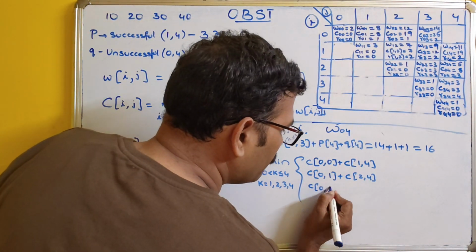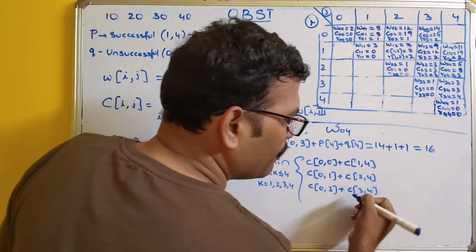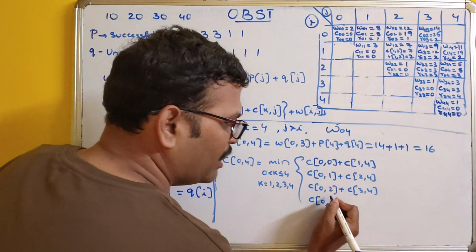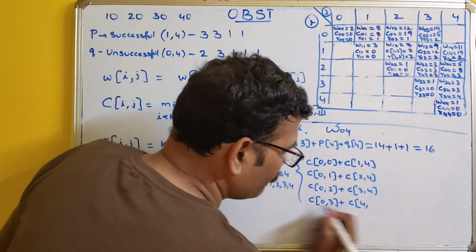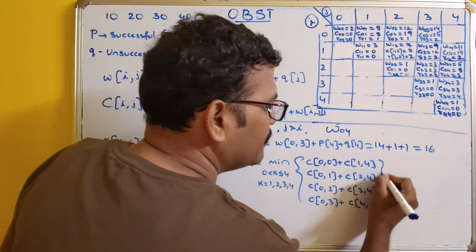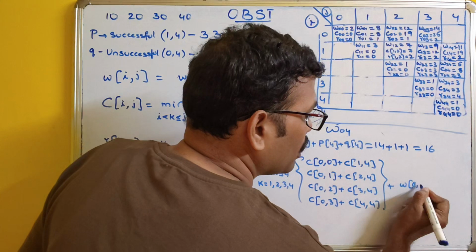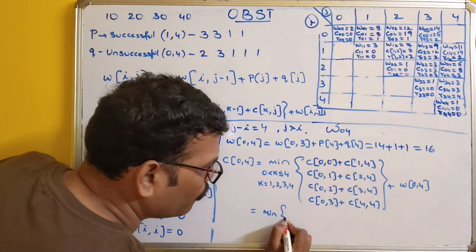So C of 0, 3 minus 1, 2, plus C of 3, 4. And the fourth case, k value will be 4, C of 0, k minus 1, 3, plus C of k, j, 4, J value is 4. So plus weight of 0, 4. So we need to calculate the minimum among these 4 cases.